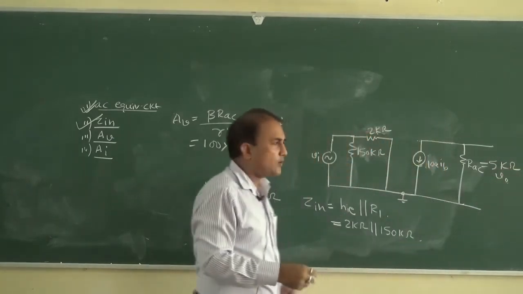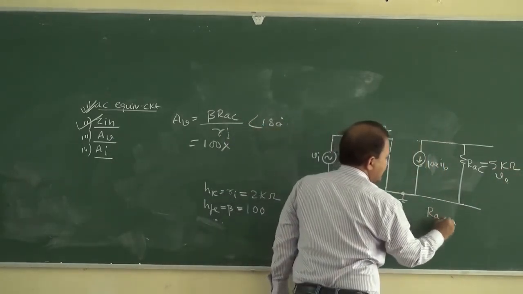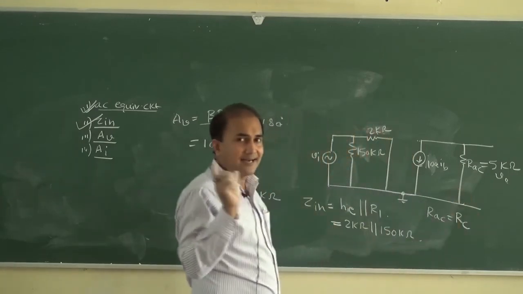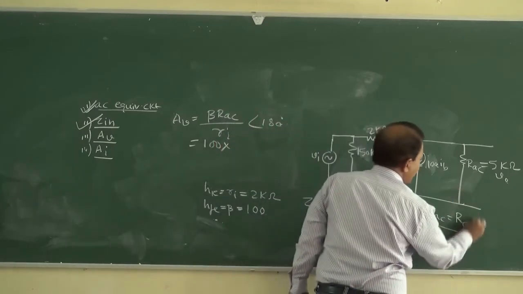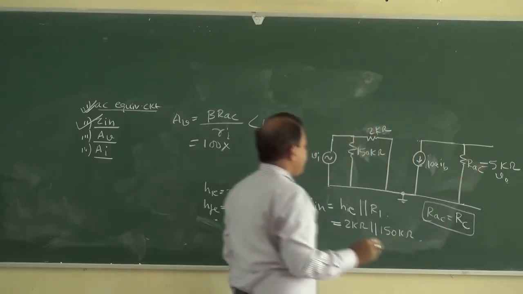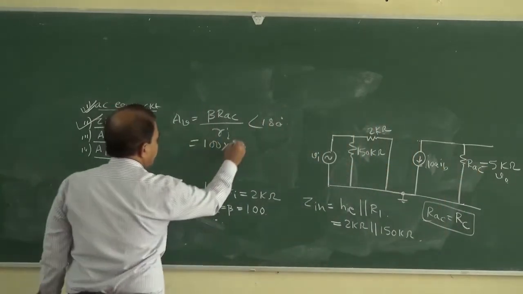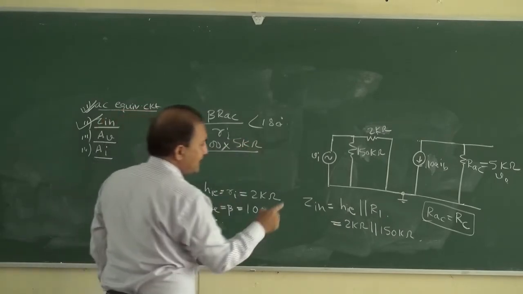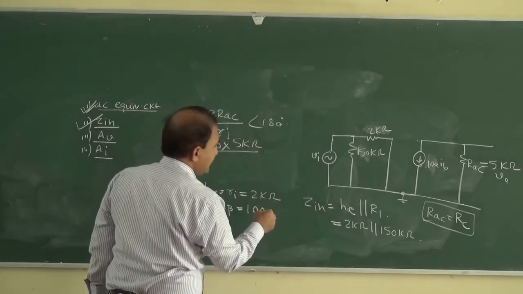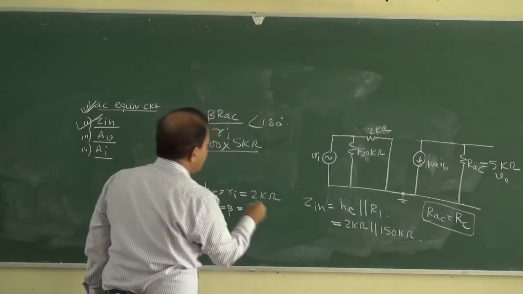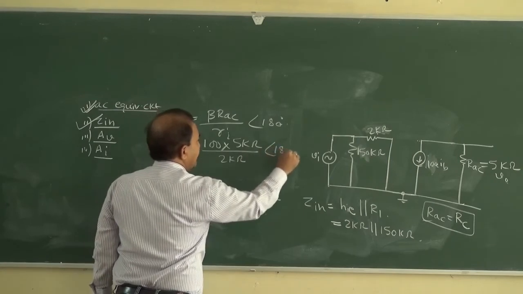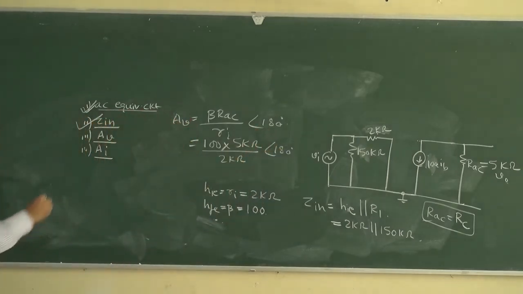Why is it 5 kilo ohm? Because RAC is equal to RC here, since RL is not present. Now 5 kilo ohm divided by RI, which is equal to 2 kilo ohm, phase angle is 180 degree. So in this way we can calculate the voltage gain.